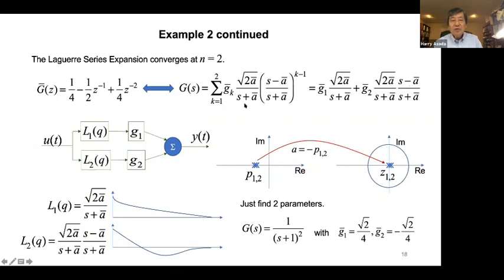Okay, so the output is coming as Y = G(s) times U(s), right? So U(s) goes through this filter and this filter, and then we take the sum of these. That's actually the output y(t).